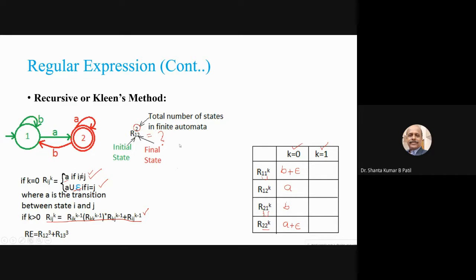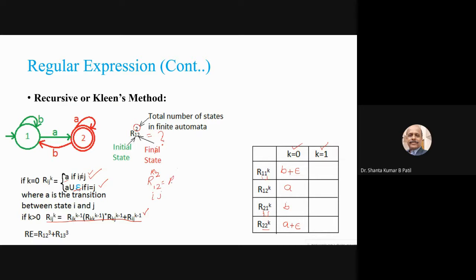Okay, so once you get the second column values, now you can find out R1 to power 2. In the form of equation, you can write R1 to power 2. So I is equal to 1, j is equal to 2, and this is the k. So substitute in this equation, rik k minus 1.